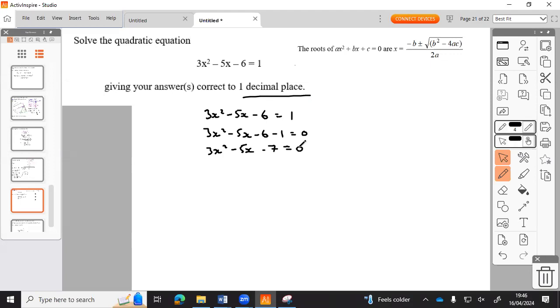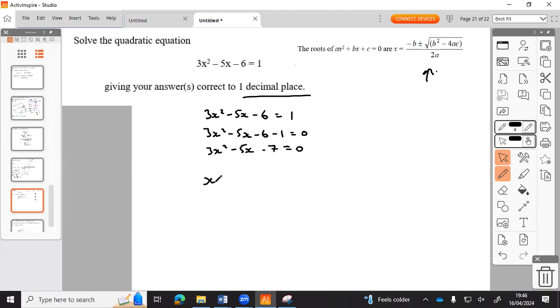Now we put it into our quadratic formula and then solve it. That's given in the formula sheet, it's not part of the question. I've copied that out of the formula sheet.